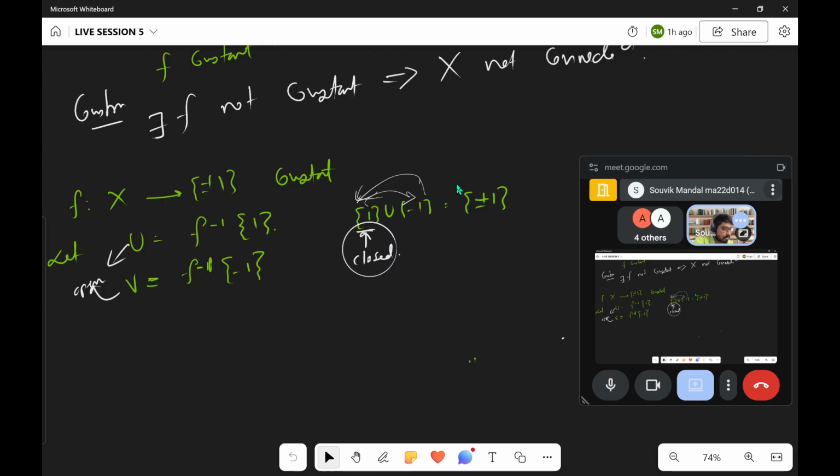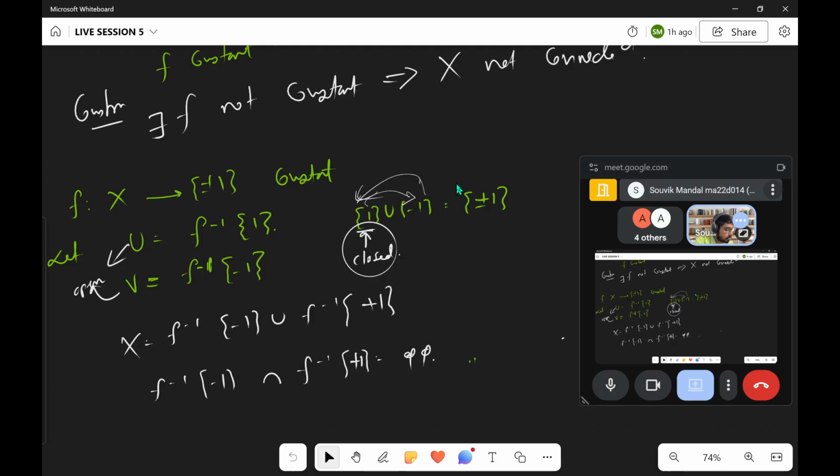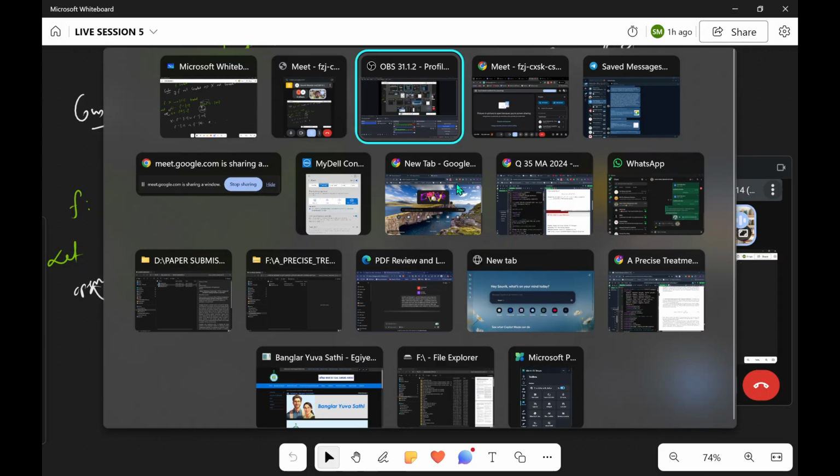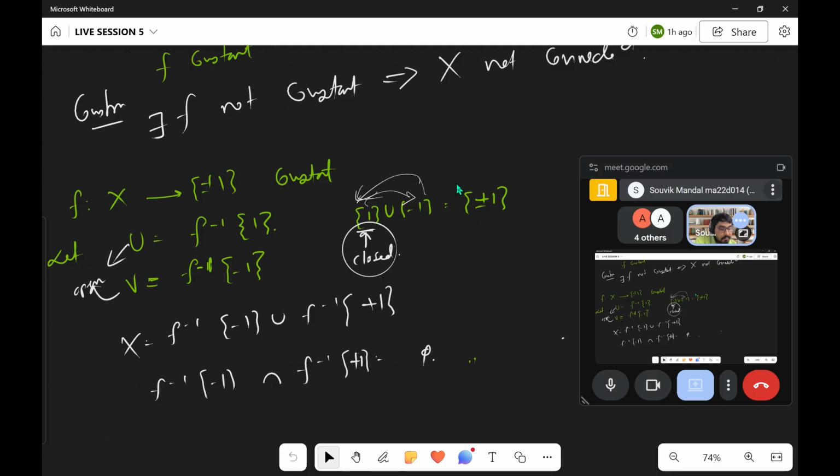So x equals f inverse of minus 1 union f inverse of plus 1, correct? And f inverse minus 1 intersection f inverse plus 1 is of course empty. So these two sets, the inverses, form a separation of this space. Is it clear?